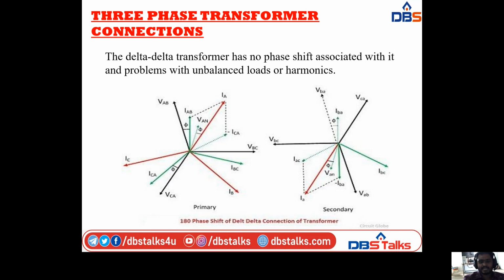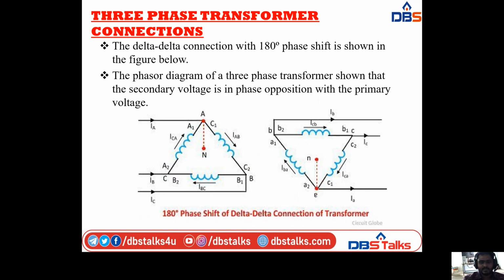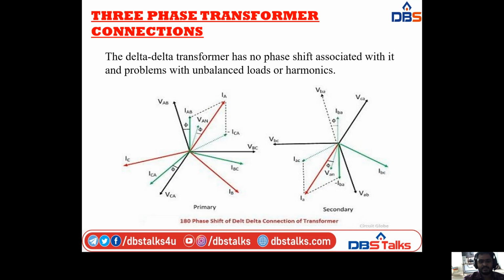Here this is the primary phasor diagram and the secondary phasor diagram. In the secondary phasor diagram, the secondary voltage is in phase opposition with the primary voltage. The diagram is like this.